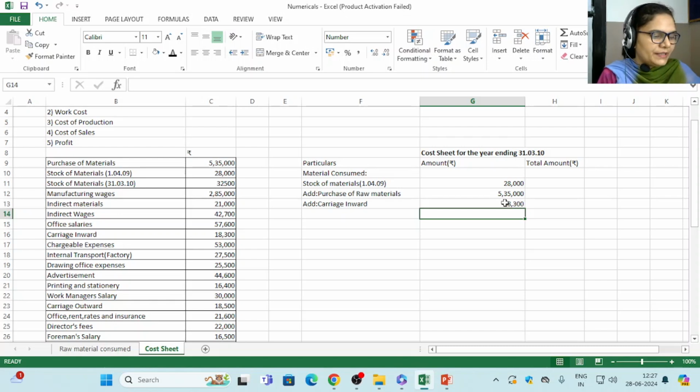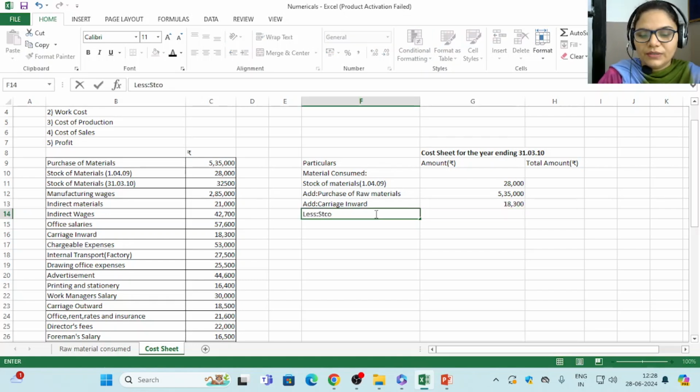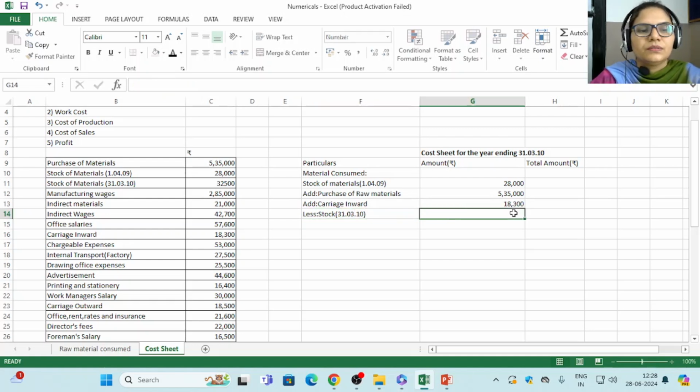Then we will deduct the value of closing stock. Closing stock value is a value which has been mentioned by a date, 31st March 2010, which is rupees 32,500.